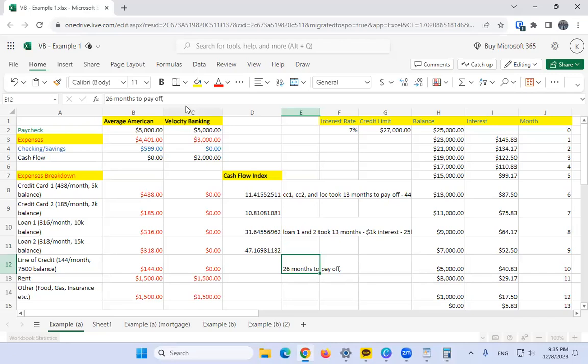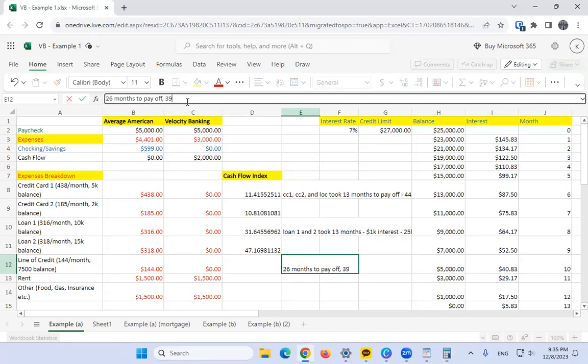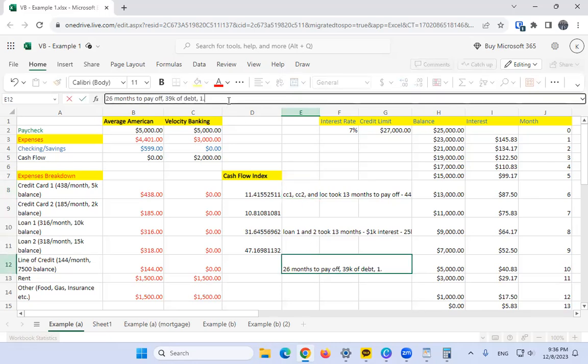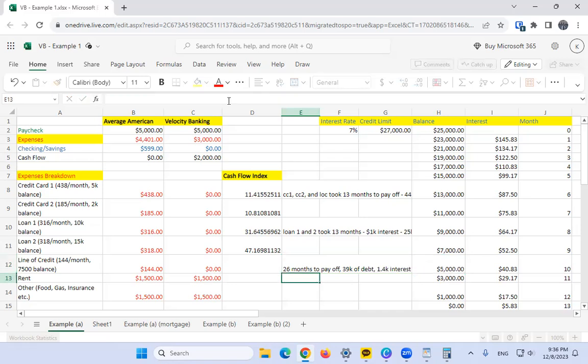So almost 40K of debt. So 39K of debt. Okay, and what's the total interest? That would be $1,448. So 1.4K interest. I don't know, you guys ever watch like Owen Wilson? And you're like, wow, that's how I feel right now, right? So we're almost living at the edge.